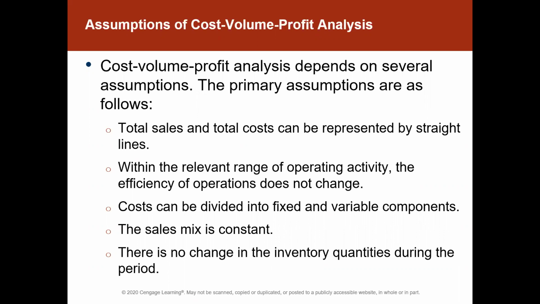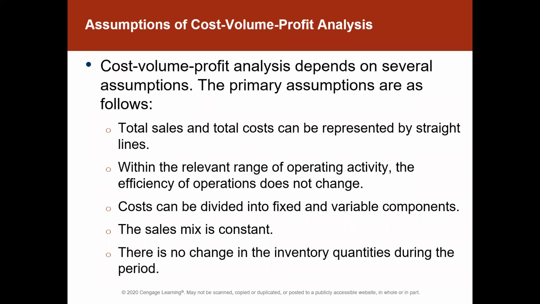The fourth bullet is the one that becomes important for us starting in exercise 8, and that is the sales mix is constant. So up to this point, we've been talking about companies that are making only one product in only one size, and they charge every customer the same price. While that really simplifies our calculations, it's not very valid in the real world.